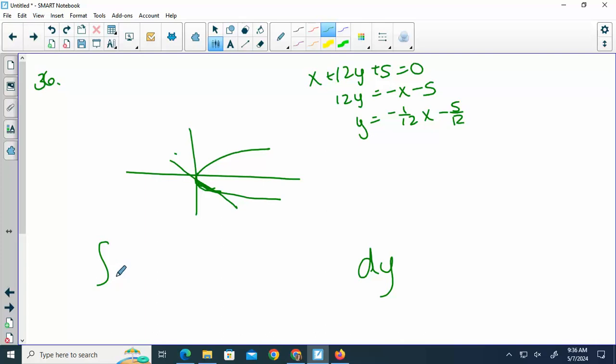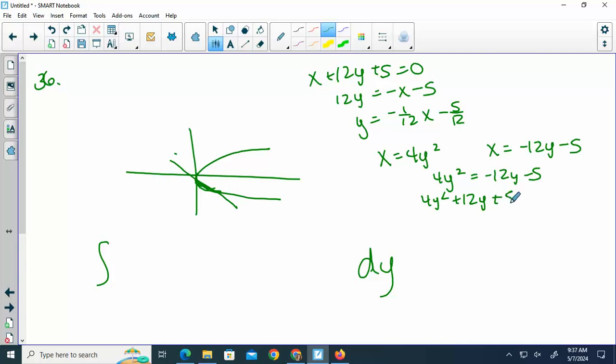So when we set this up, we need to find when those curves meet. Right, so the first one was x equals 4y squared. If you had solved the second one for x, that would be x equals negative 12y minus 5. So that's 4y squared plus 12y plus 5. So slip and slide or box method, whatever you like.